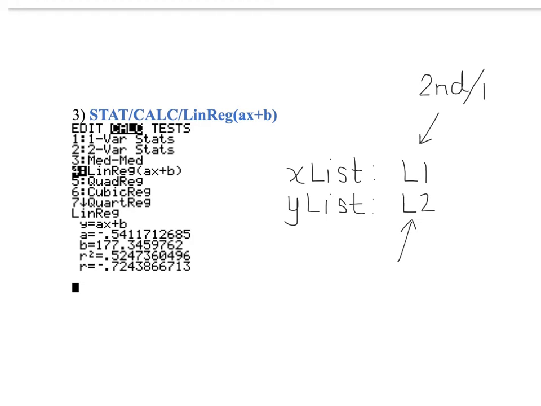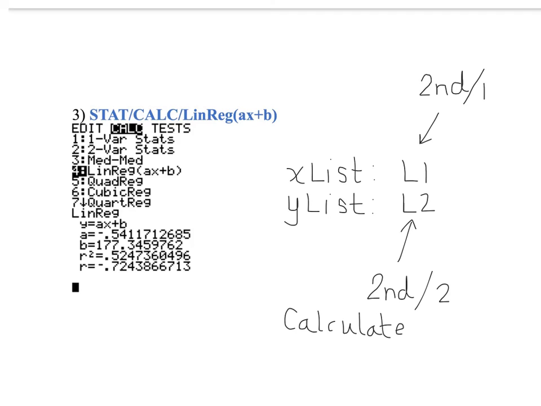You'll notice above your 2 key, in either yellow or blue, you have an L2. So you hit second 2 to get it. And then you just go down to calculate, and you hit enter on top of it. And all of us end up with, if we entered our numbers correctly, the same linear regression equation.